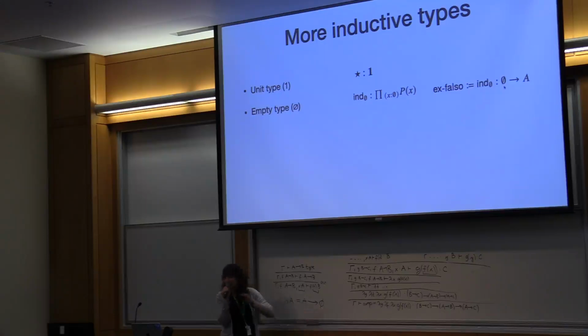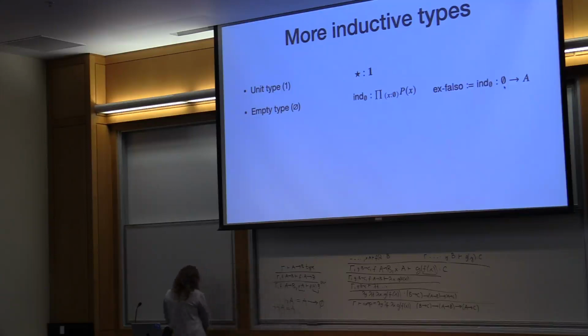So, probably preaching to the choir here, but the proof of negation looks like: assume A, give me a contradiction, I have a proof of negation. This is not a proof by contradiction. The proof by contradiction is saying, assume a negation, and then derive a contradiction, and then A holds. And these two are, constructively, which is what we're doing, not interderivable, because this double negation rule is just not true.